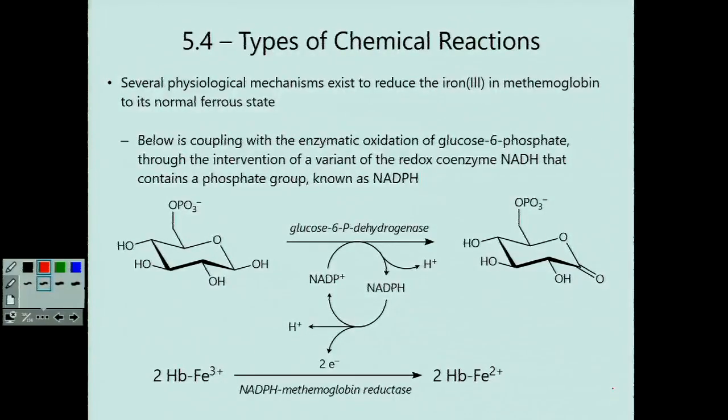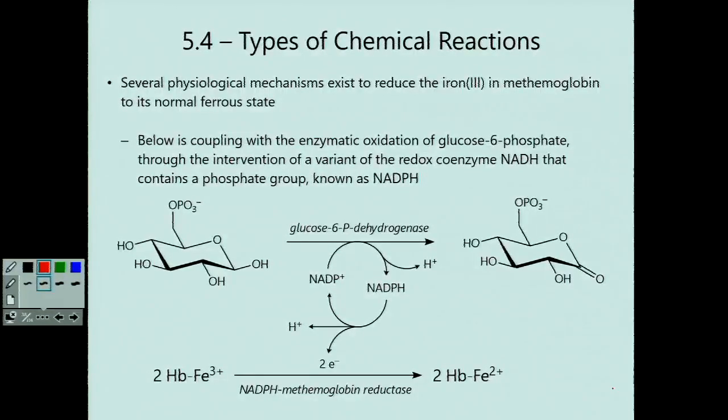So if something is not working with, let's say, the glucose 6-phosphate dehydrogenase enzyme, then we can't generate the NADPH that is then needed to return the iron 3 to iron 2. So what happens? Methemoglobin goes up. There are also a whole bunch of genetic disorders out there in which something's missing in one step that causes all kinds of problems in all kinds of other steps, right?